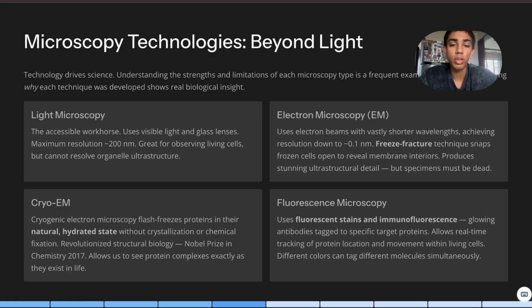Cryogenic electron microscopy lets us view proteins in their natural frozen state without altering them, while fluorescent stains and immunofluorescence use glowing antibodies to tag specific target proteins in real time.